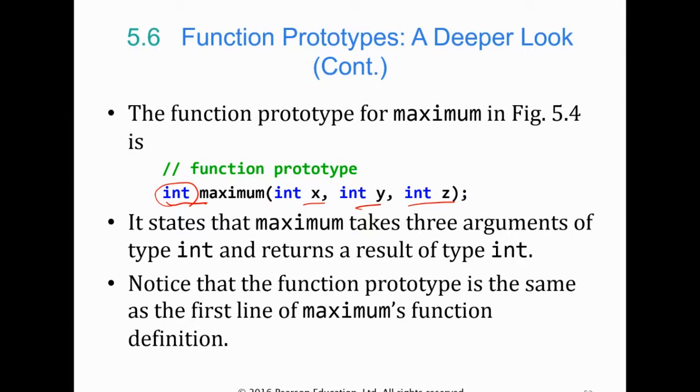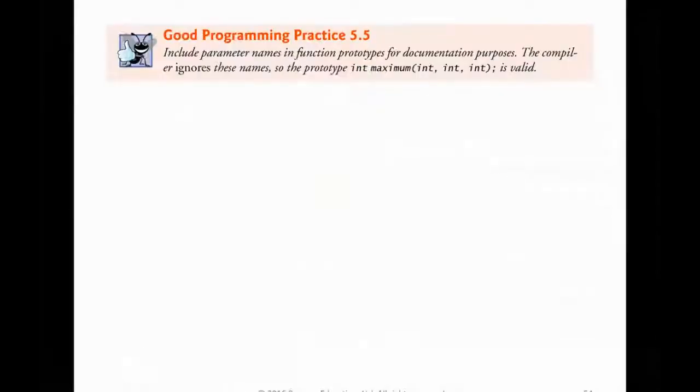And notice that this function prototype is exactly the same as the definition, because if you use different types of variables in the definition than you do in the function prototype, then that will definitely cause some errors, because the program will say, no, you should be sending these type of arguments. So the definition and the prototype should have the same types, right?